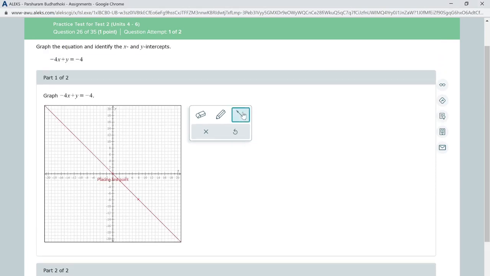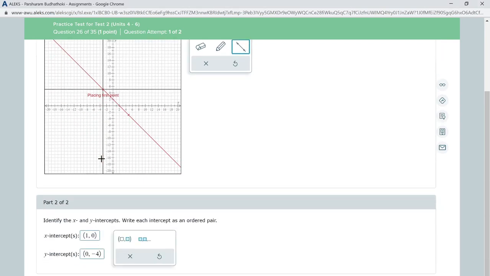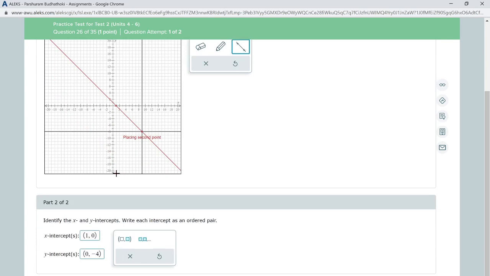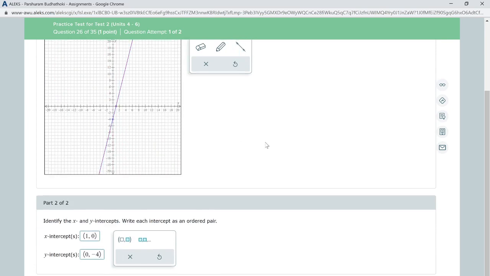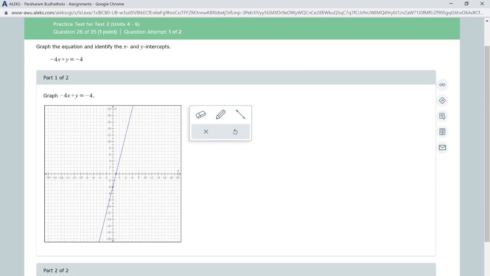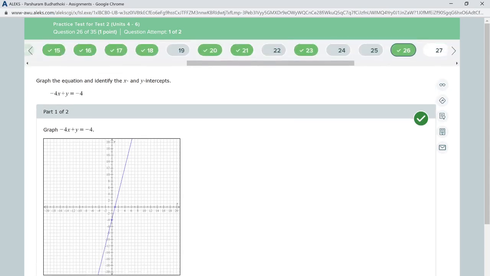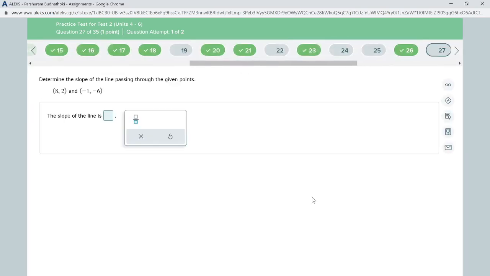For a line, I need 2 points: 1 comma 0 and 0 comma negative 4. So whenever it's possible, find the x and y intercept to plot the graph of a straight line.